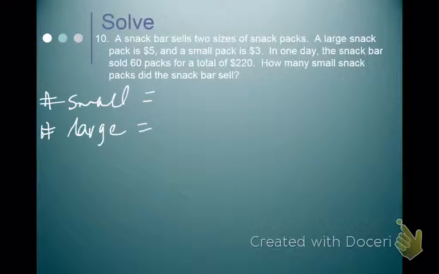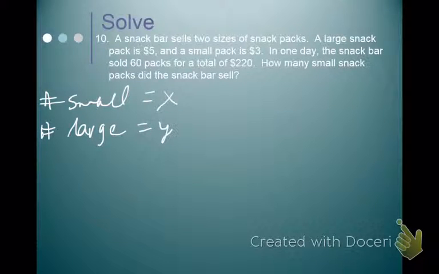We know there are 60 sold for a total of $220, so in a little bit of a way that does matter. But just because someone buys a small snack pack doesn't mean a large one has to be sold next, right? So they don't really depend on each other. So you're free to choose your variables however you want. I'm going to let x be the number of small packs and y be the number of large, okay?